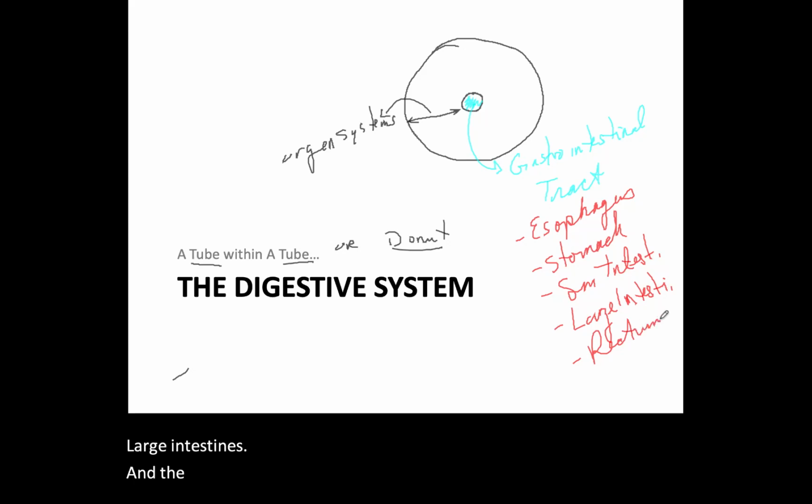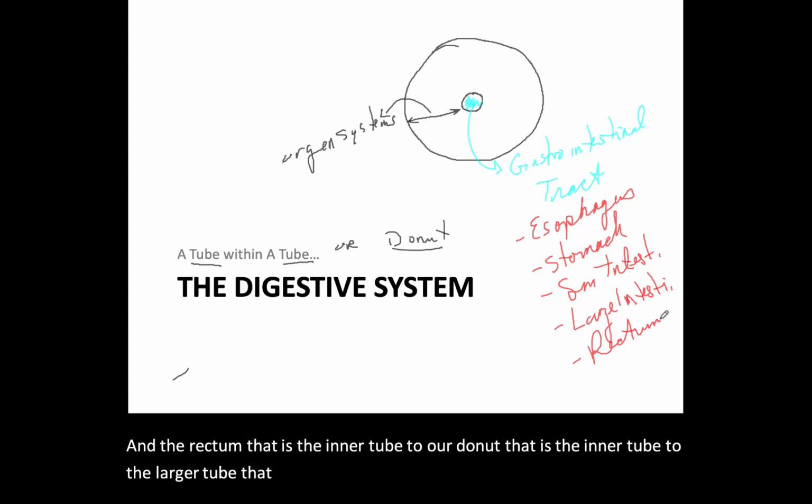That is the inner tube to our donut. That is the inner tube to the larger tube that is surrounding it.